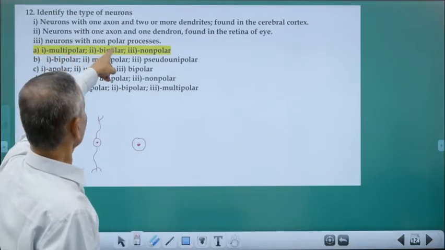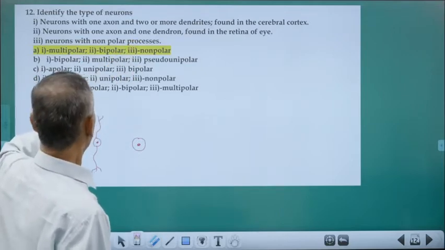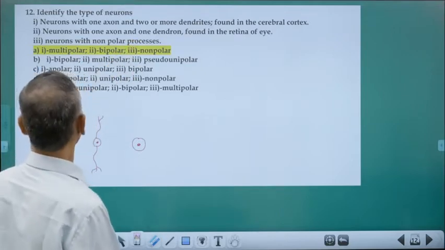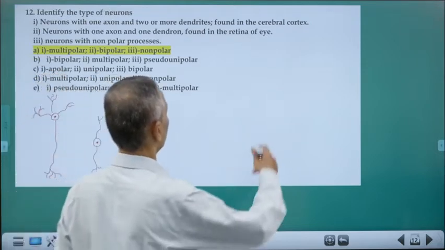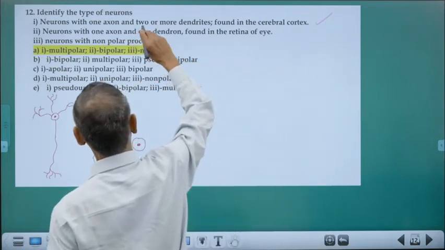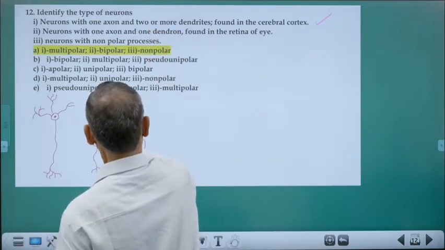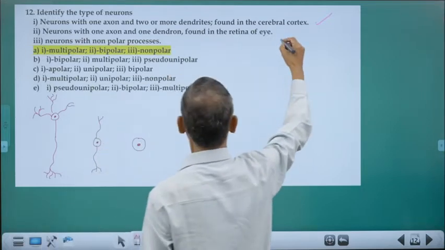Neurons with one axon and two or more dendrites are called multipolar. Present in the cerebral cortex. Neurons with one axon and one dendron, only two processes, found in the retina, are called bipolar.